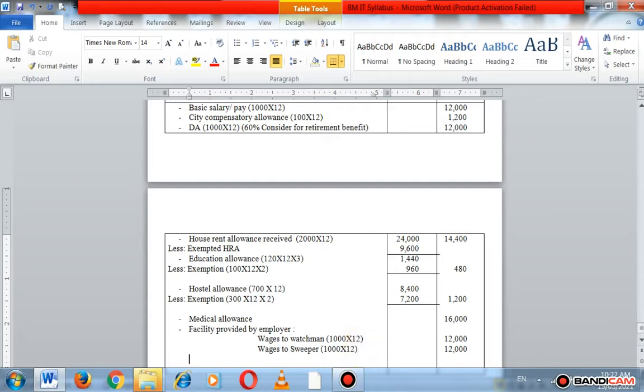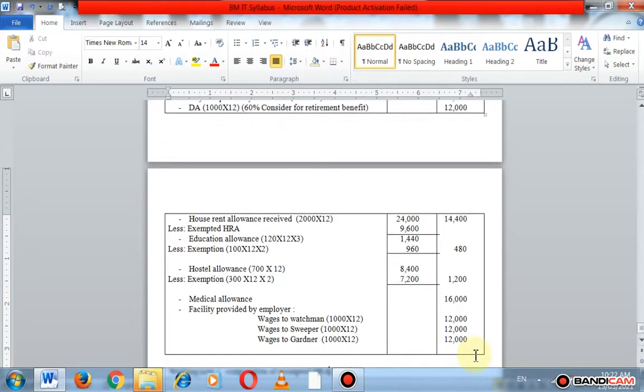And wages to the gardener, 1,000 multiplied by 12, amounting to rupees 12,000.